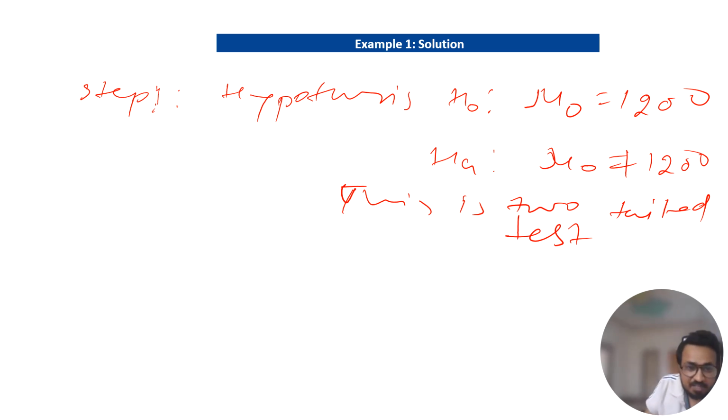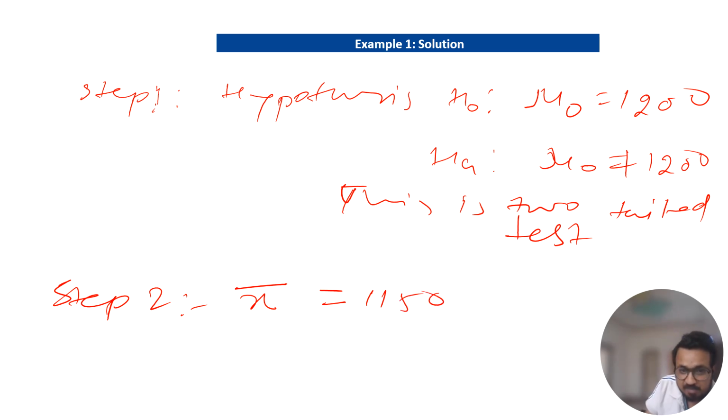Then in step 2, what things will we find? The t statistic value, the test statistic. For this, what is the value of x bar? X bar equals 1150, right? And what is the value of sigma? Sigma, or you can say S. This is not sigma.